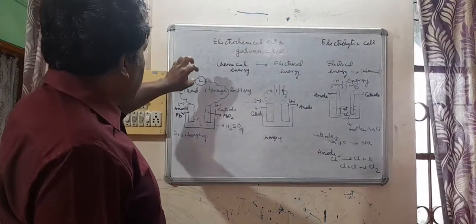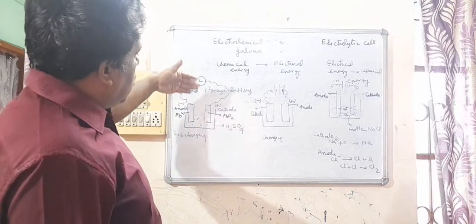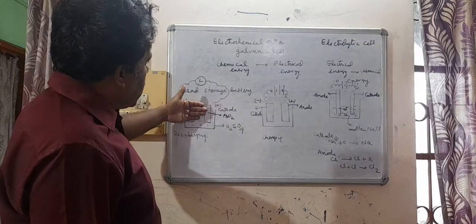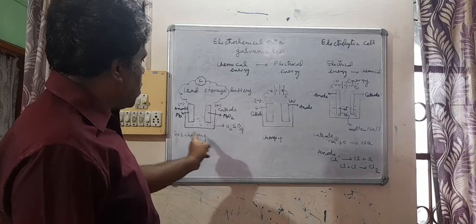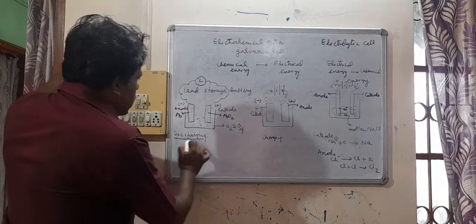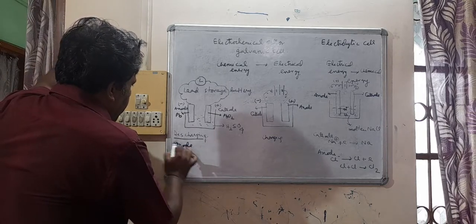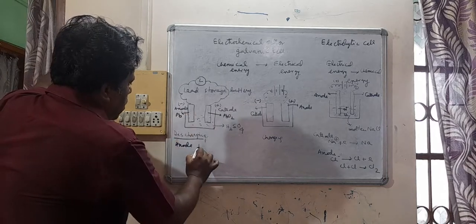Now, what reaction happens when we are getting electricity? When we are getting electricity, this step is called discharging. So during discharging, what happens at the anode, which is this one?